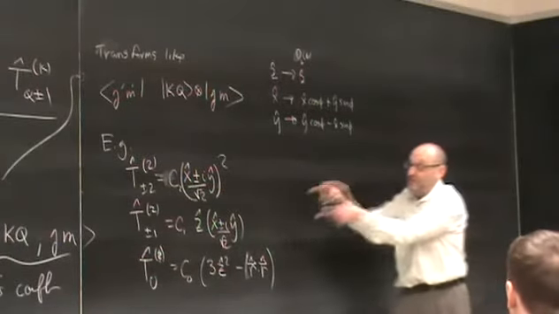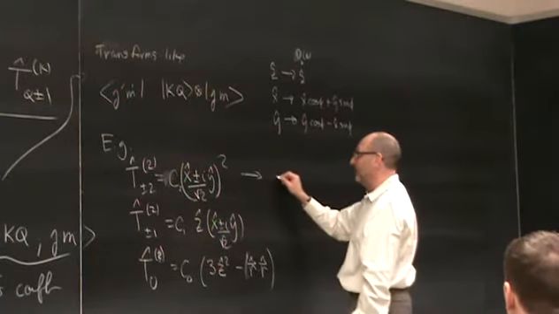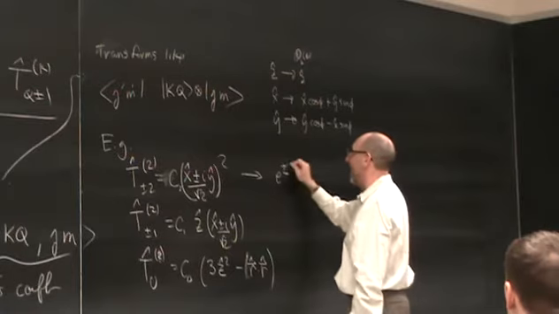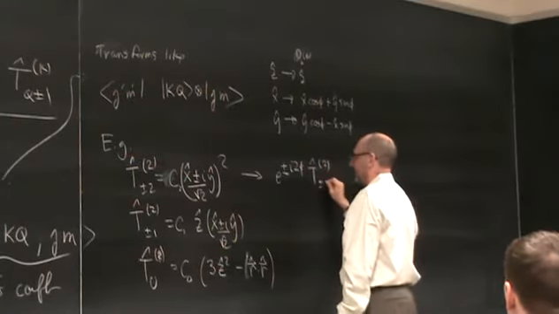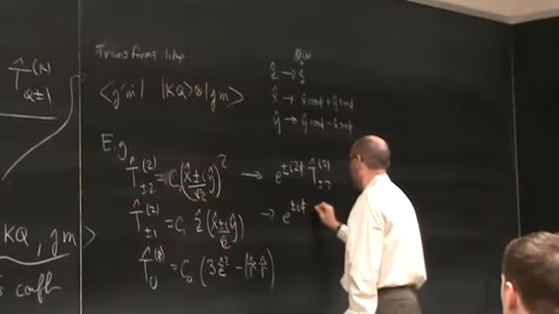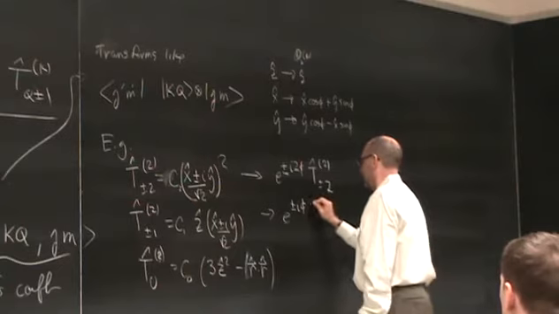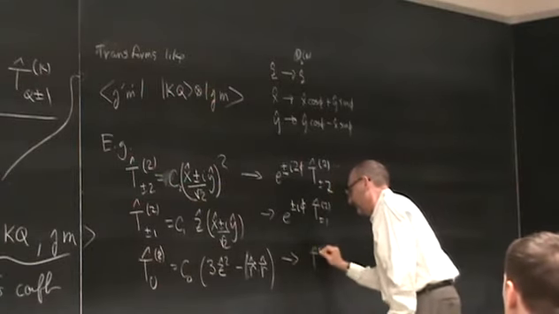If I plug those into this, I will find that this goes to e to the plus or minus i 2 phi times T plus or minus 2. This goes to e to the plus or minus i phi times T plus or minus 1, and this will go back to itself.